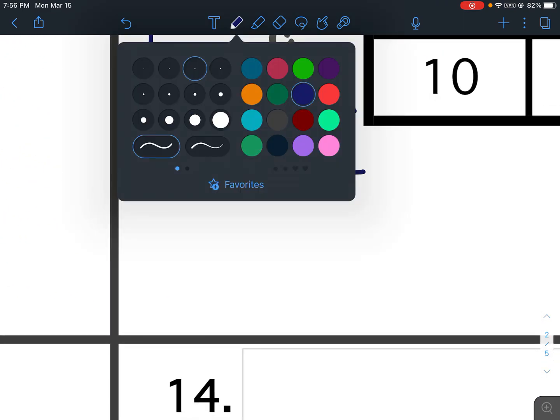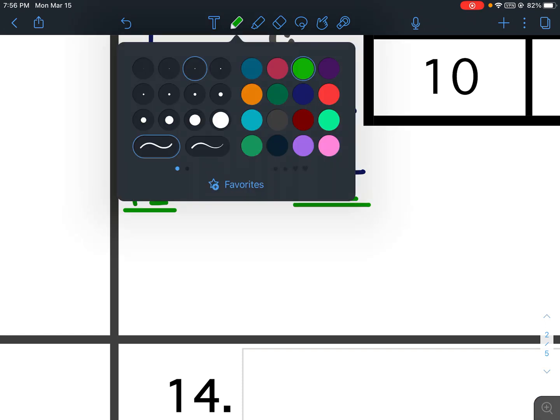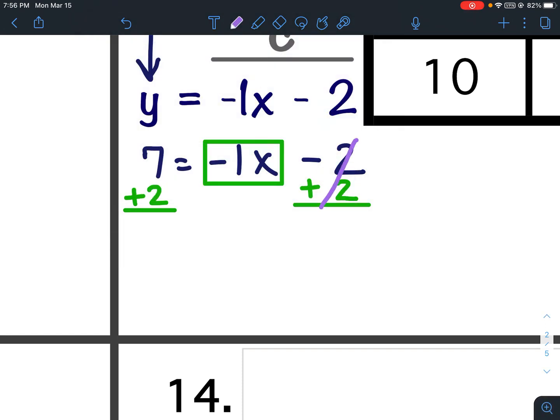This would be a two-step equation. So I'm going to add 2 to both sides. Please write small because you're going to run out of room if you don't write small. The 2's cancel. 7 plus 2 is 9. Bring down the -1x.